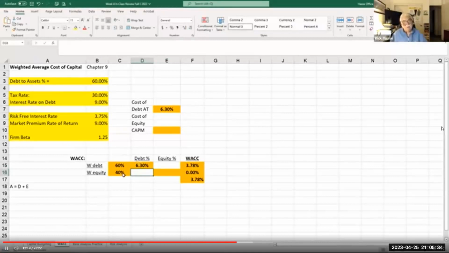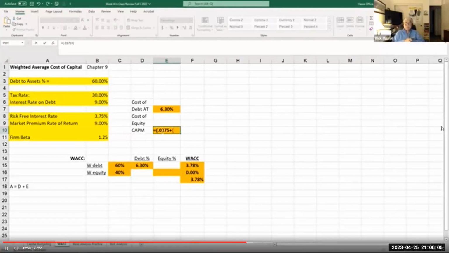Okay. Now, what is our cost of equity? Well, you've done this before in your case number 1. The cost of equity is the capital asset pricing model, which is the risk-free rate, 0.0375, plus the market premium, which in this case is given, you don't have to calculate it. Remember, the market premium is defined as the market rate of return minus the risk-free rate.